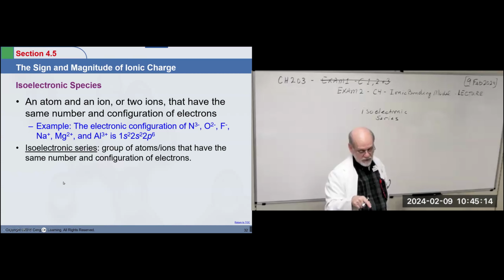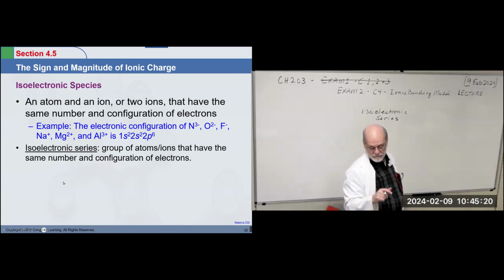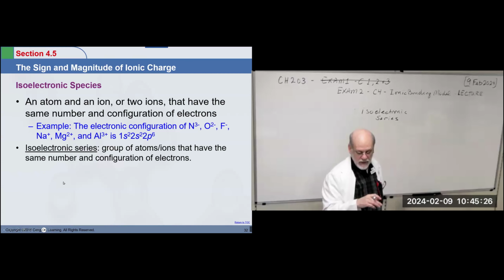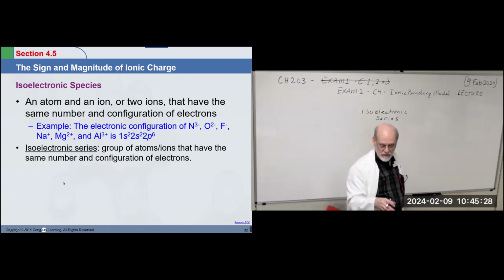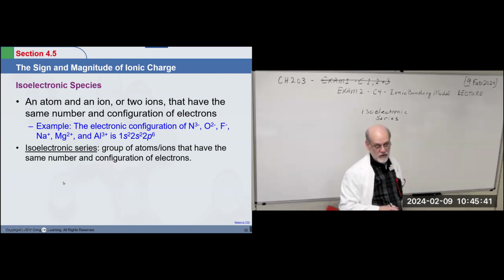In this example, there are 1s2, 2s2, and 2p6. Now, of course, that would be neon. They would have the neon configuration. So they left neon out, but you could put neon in there to be part of that series because it already has that configuration. The others, they have to form ions in order to obtain that configuration.